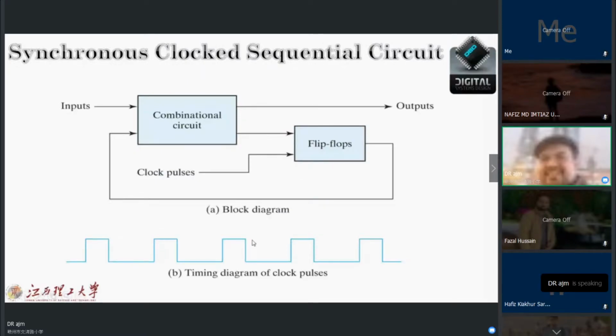This timing diagram is something like a reference for us. And as we discussed, we have a specific sequence in which we will see the performance of our circuits.